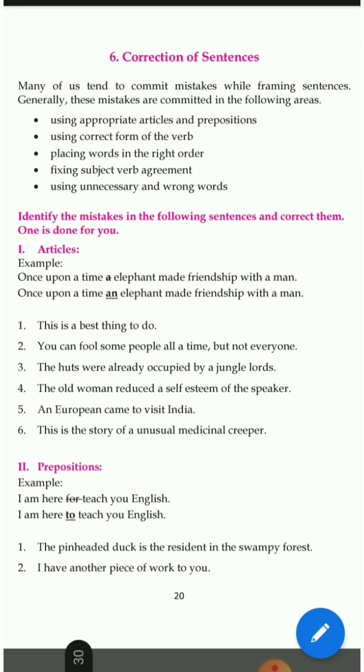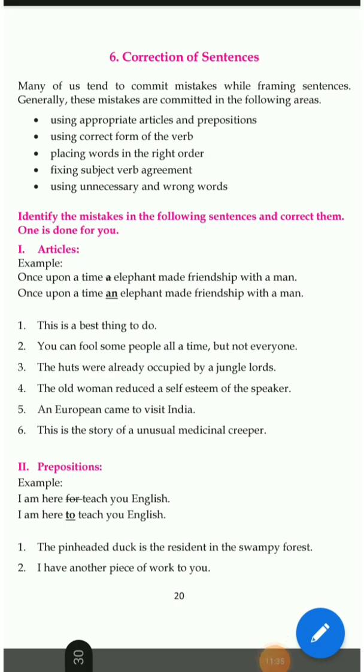But before "university", you cannot write "an". Why? Because there the sound, U, is a consonant. But here, umbrella, uncle, aunt, these are all vowel sounds, vowel sounds as well as letters. So that is why here it takes "an".